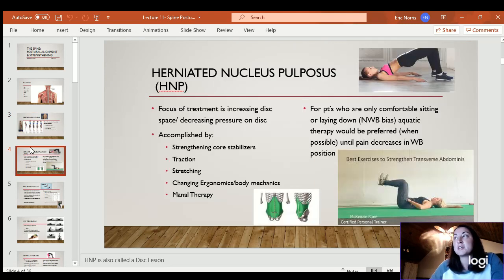So we're going to move on to some of the common conditions that can cause pain in the spine. So first one we'll talk about is a herniated nucleus pulposus. You'll see it abbreviated as HNP, and sometimes it will be referred to as a disc lesion. Herniated disc, some people will call it a slipped disc, which isn't always accurate.